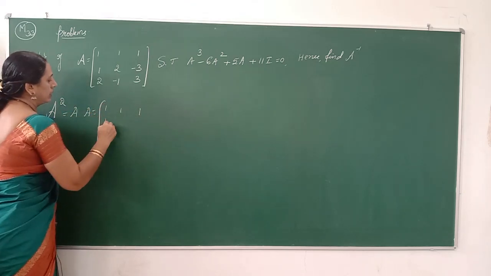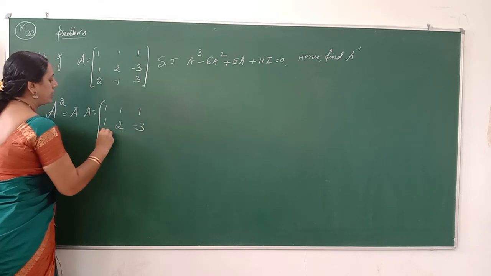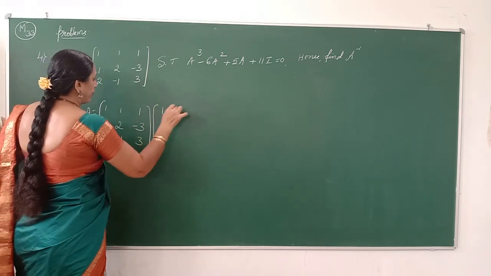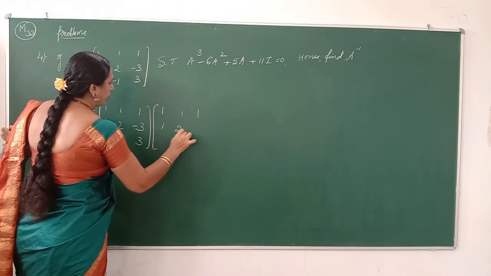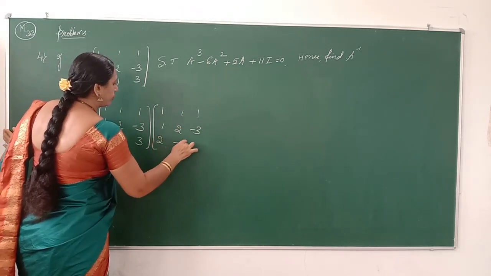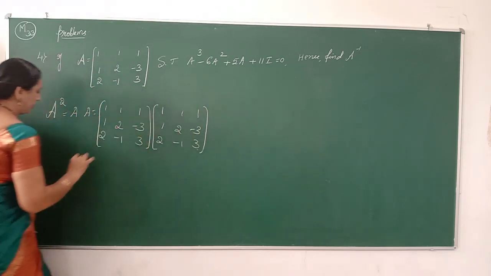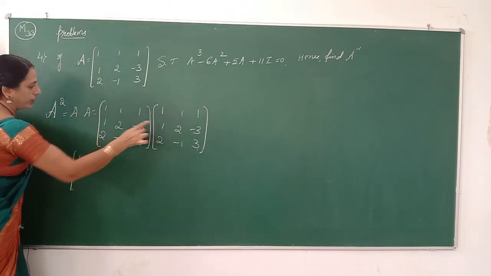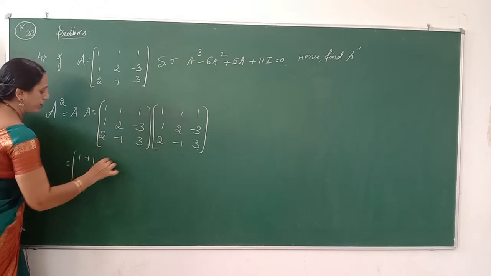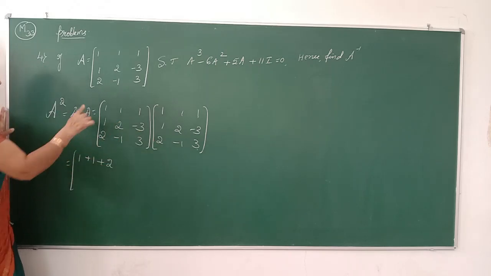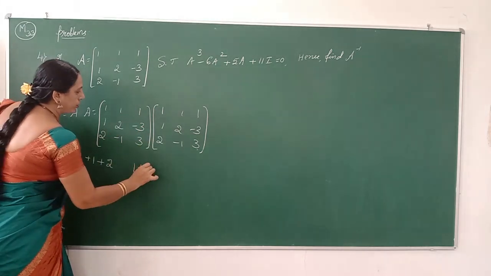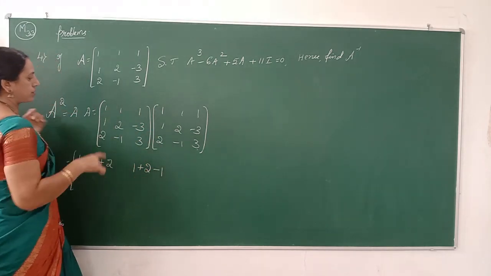[1 1 1; 1 2 -3; 2 -1 3] into [1 1 1; 1 2 -3; 2 -1 3]. So first row first column, 1 into 1 is 1, 1 into 1 is 1, 1 into 2 is 2. First row second column, 1 into 1, 1 into 2, 1 into minus 1.